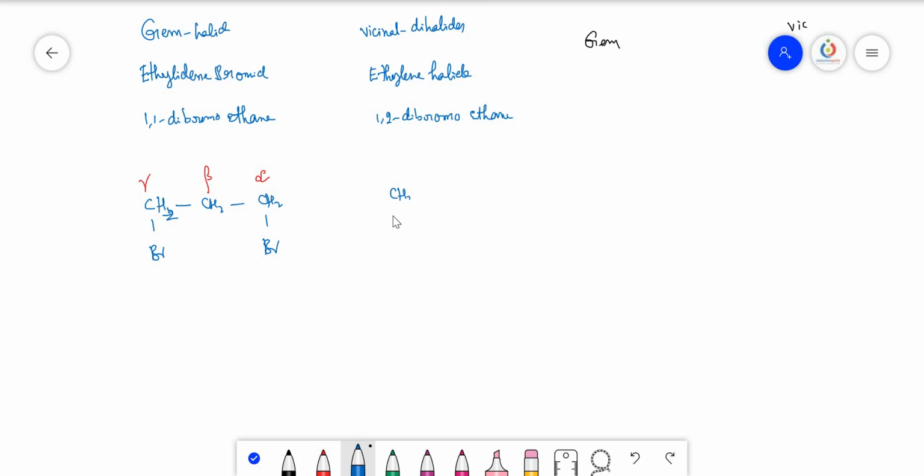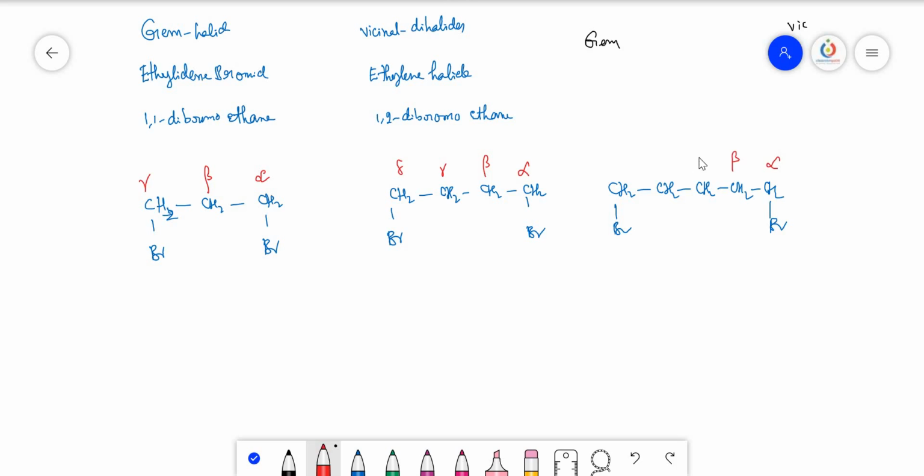And it may be like this also: CH2Br, CH2, CH2, CH2Br. Here you can write alpha, beta, gamma and delta. Even you can go for one more carbon atom, here bromine, here bromine. So these are to be named as alpha, beta, gamma, delta, omega, like this.